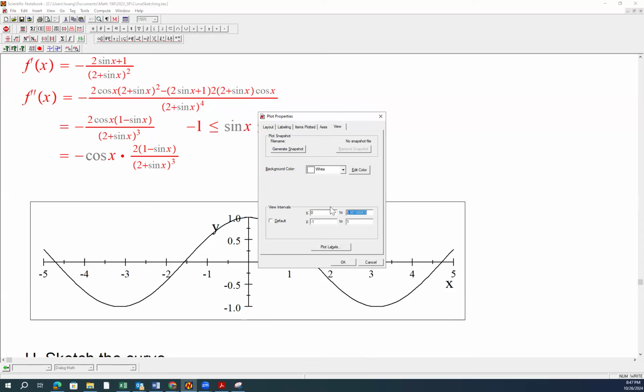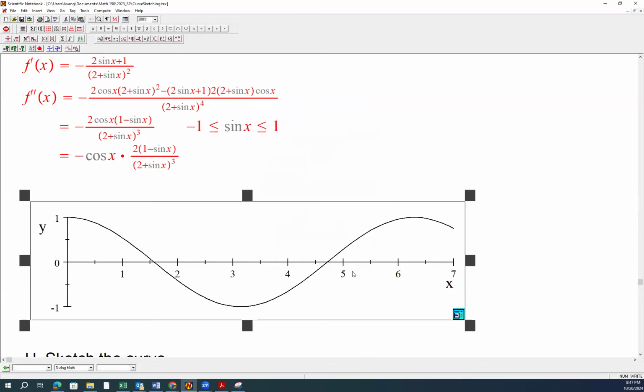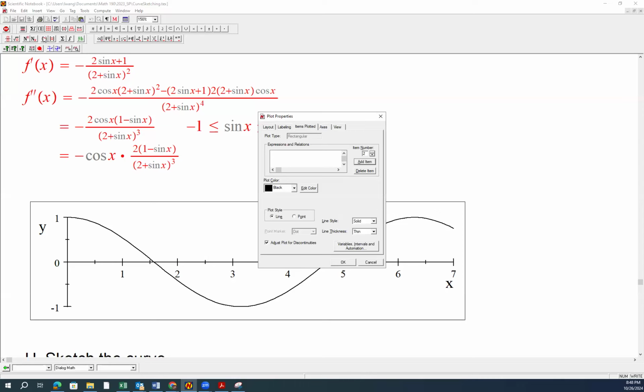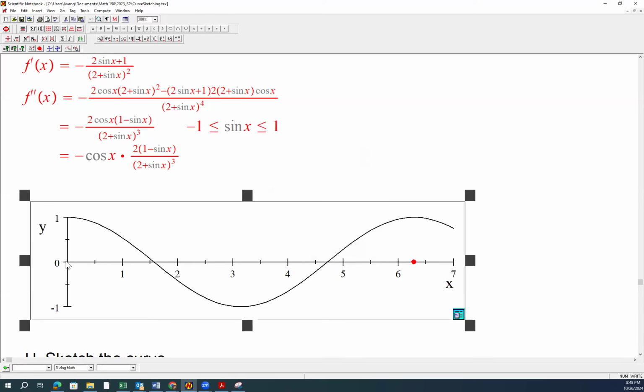So 0 to 7 approximately. This is 0, this is 2 pi, 6 point something. So I'm going to mark these 2 points, 2 pi comma 0. So this is the interval we're looking at.